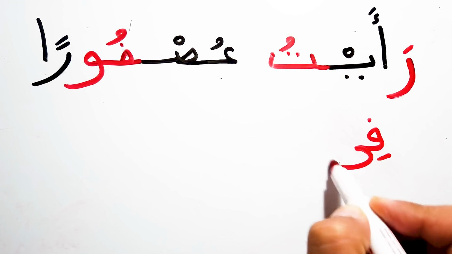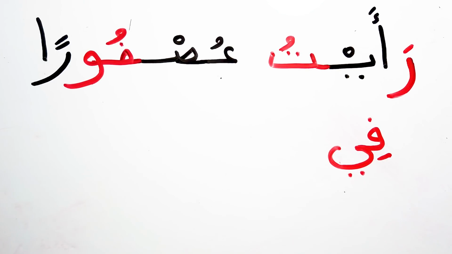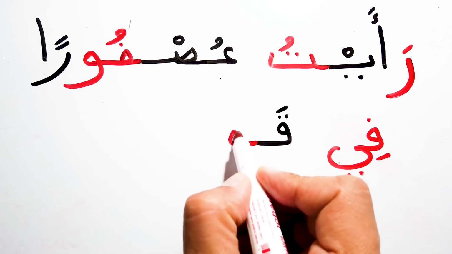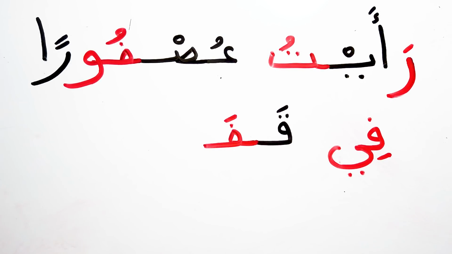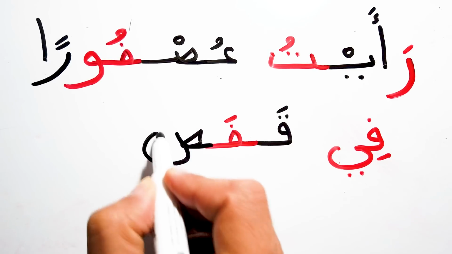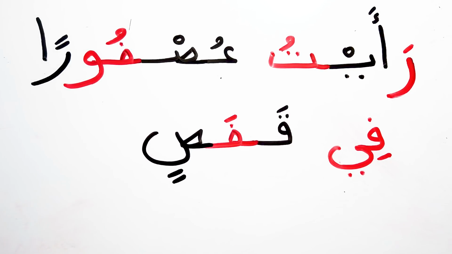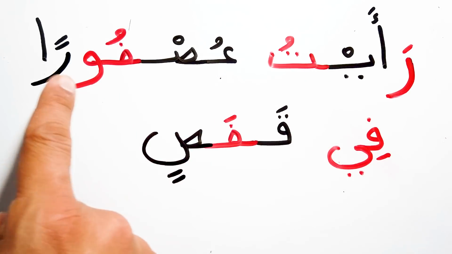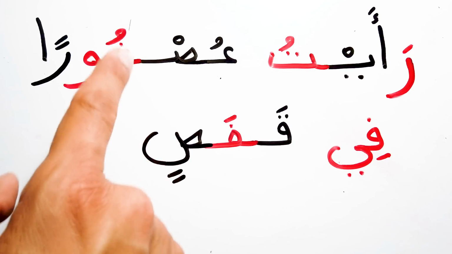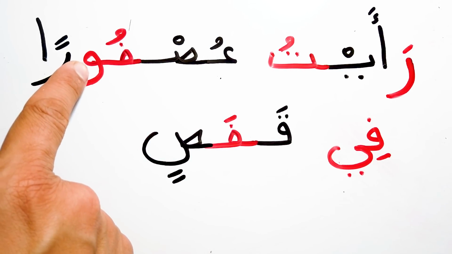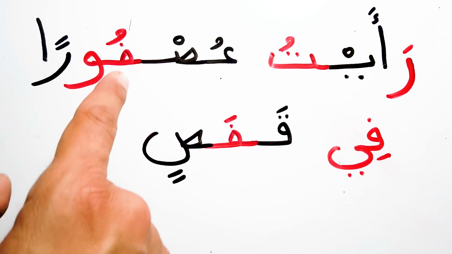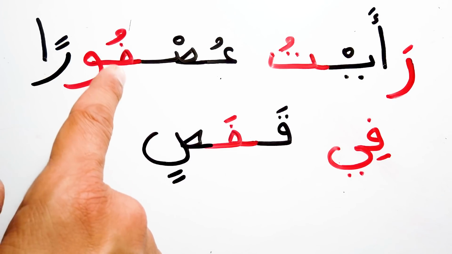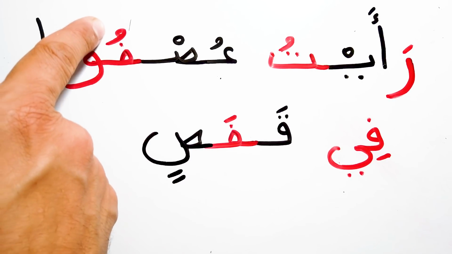في, long vowel ya. في قفص, with tanween bil kasra. رأيت: two letters in the syllable because we have sukun. عصفورا: two letters in the syllable because we have sukun, and also because we have long vowel wow, which must get connected to the previous letter and we pronounce both of them in the same syllable, and the previous letter must be with dhamma.